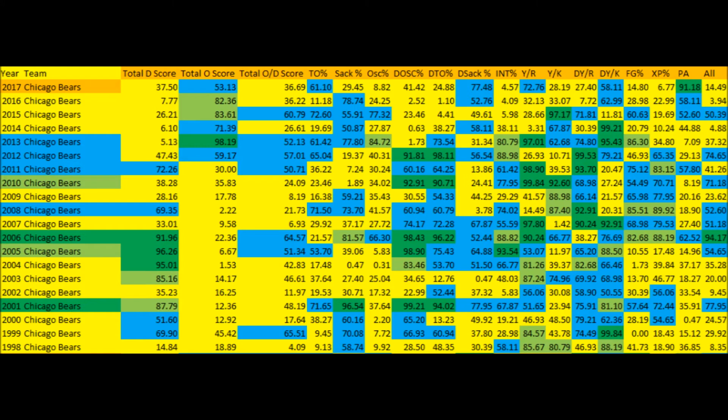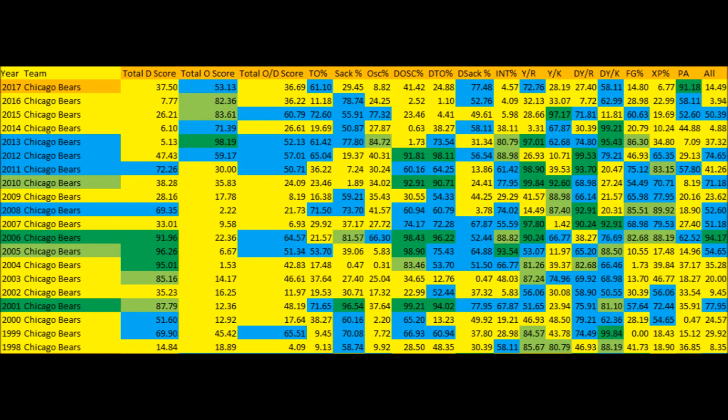So the biggest thing where the Bears got better was on defense. The offense regressed. I mean, there's no debate. The offense definitely regressed from 2016 to 2017. But the defense did get a lot better. Their offense just kind of regressed.